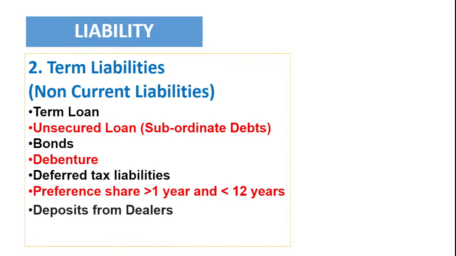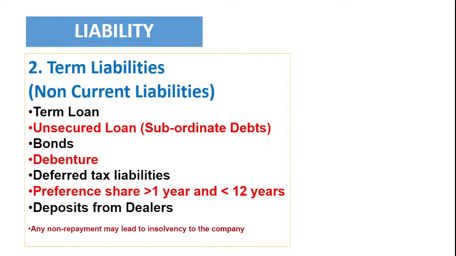Anyway, one by one we will discuss in detail. Deposit from dealers and so on. So, friends, all these components are part of the term liability. Any non-repayment of the term liability may lead to insolvency for the company.